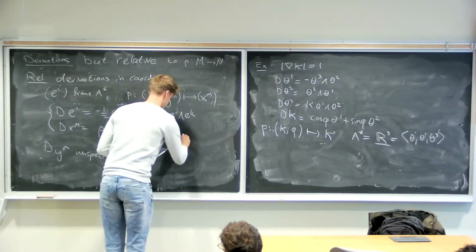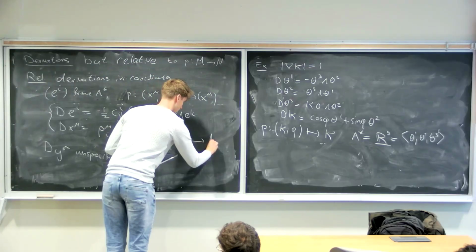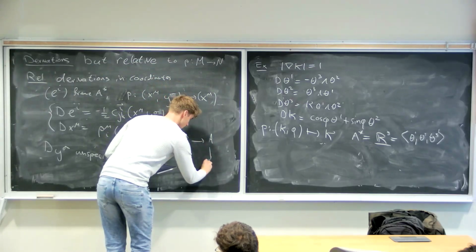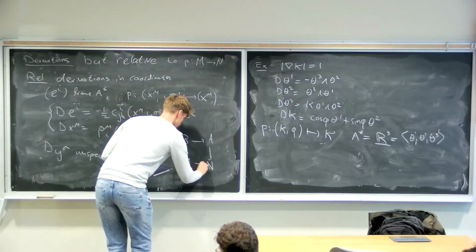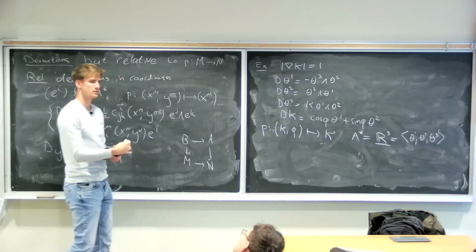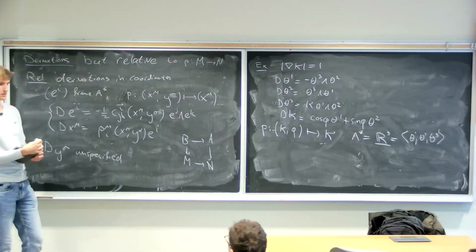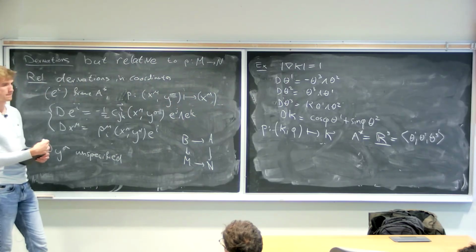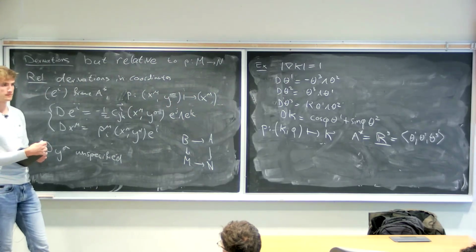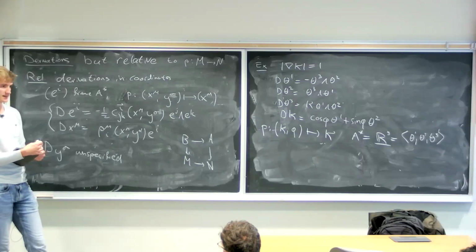A degree 1 derivation would basically just be a vector field on M. It's just that it's only defined on functions that are invariant, that are basic. So it's a vector field on M, which is partially defined on a subalgebra of basic functions. Exactly.